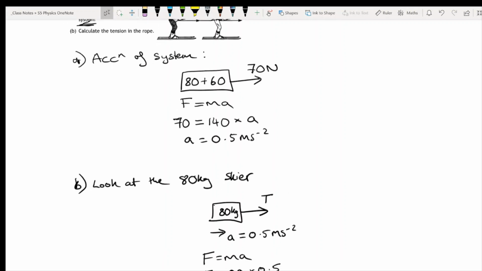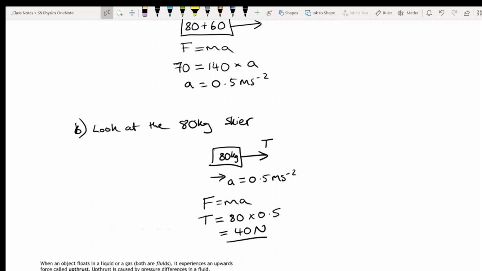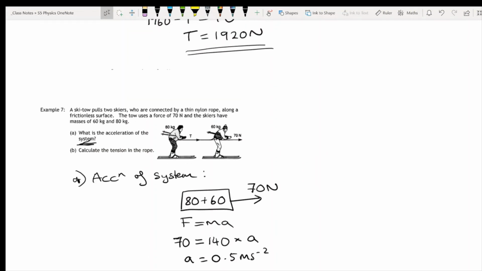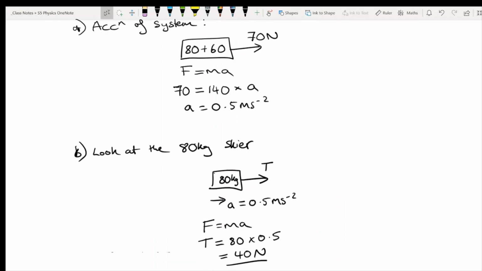So if you had a 60 kg, you would end up with... leave it with me a second because I'm trying to think, because you could use it, but you'd have to then incorporate 70 newtons as well. So leave it with me a second and I'll come back and go through that one again because I have to think about that one. Good question. Let me go through the last two examples, then I'll come back and have a go.